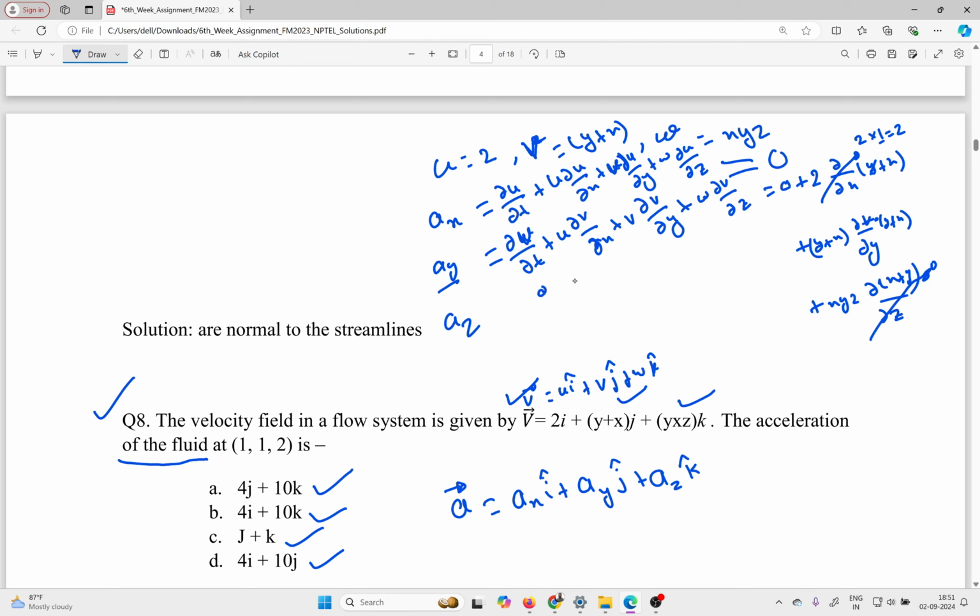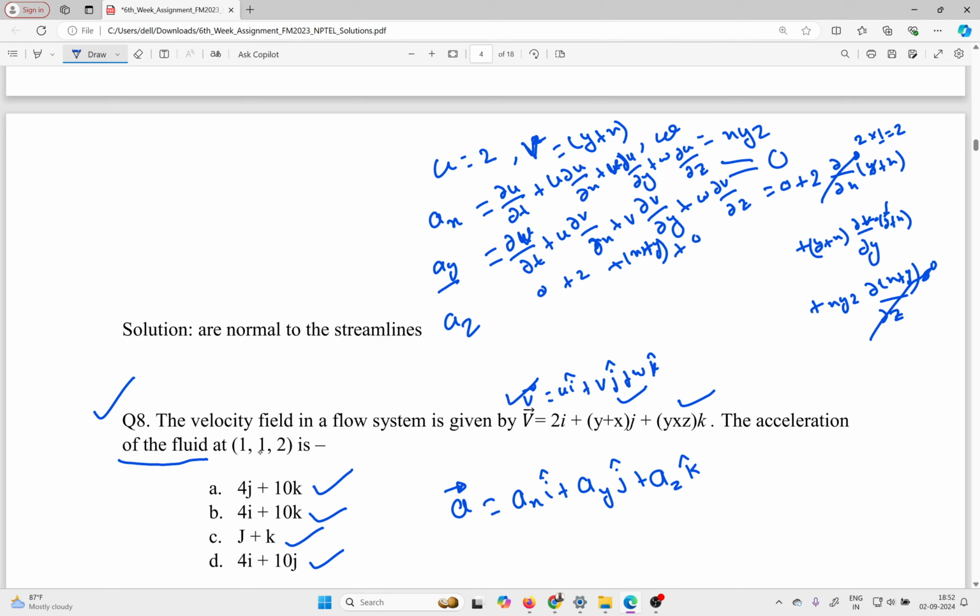So 0 plus 2 plus y plus x. When you calculate with this, this gives you 1 and this will be 0. So here x plus y only this component will give you, and this component will again be 0.